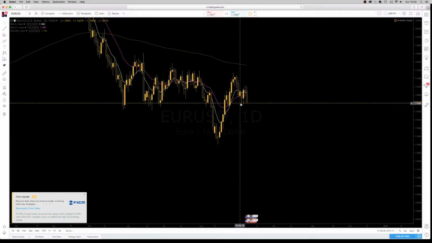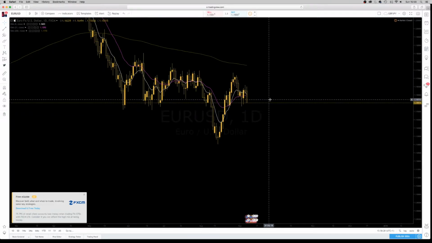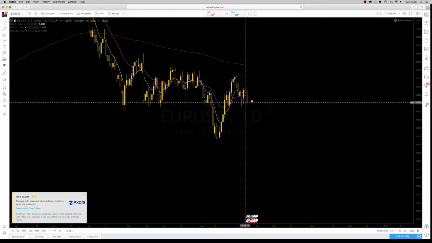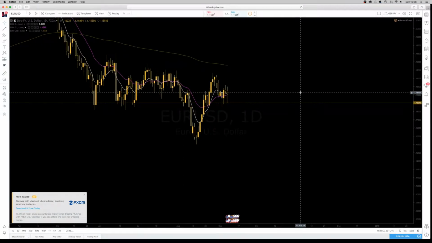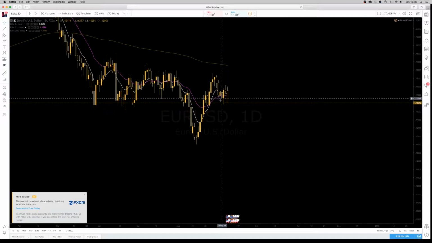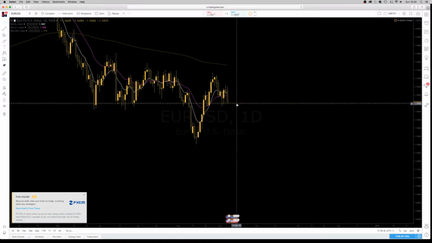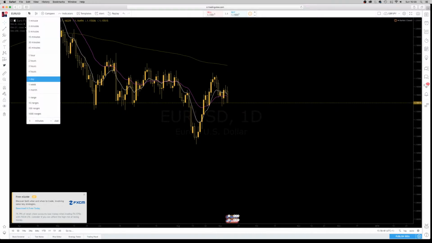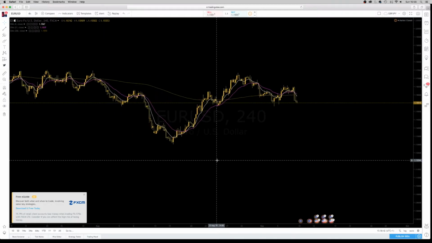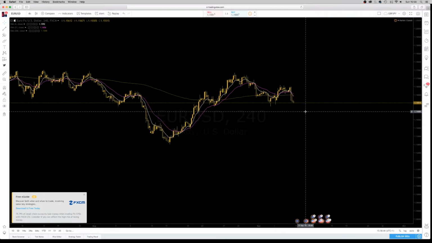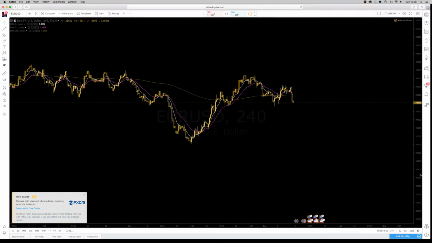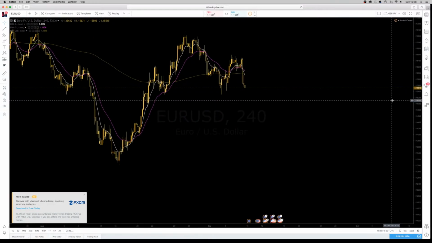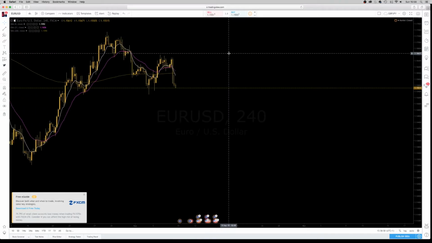We have come back into previous structure, so there's two things that could happen. We could find, like we did midweek, support here and retest highs, or we could push lower down to this lower structure. So on the 4-hour chart we have pushed below the 200 EMA.